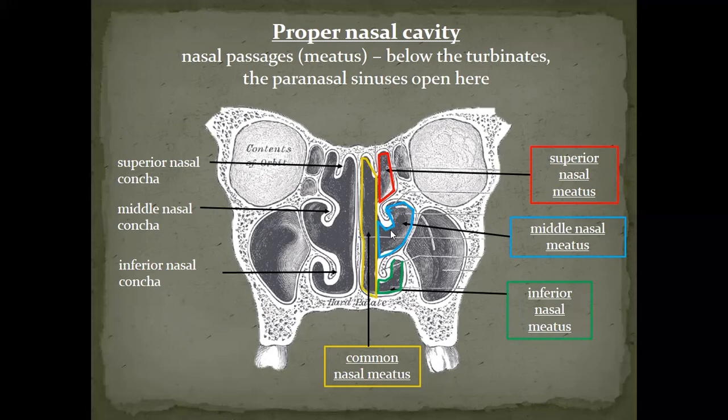Okay, these meatuses are important because different cavities of the skull will open here. These cavities are the paranasal sinuses. The paranasal sinuses are actually air-filled spaces inside the skull, inside different bones of the skull.